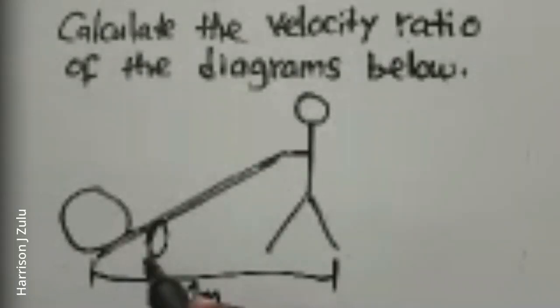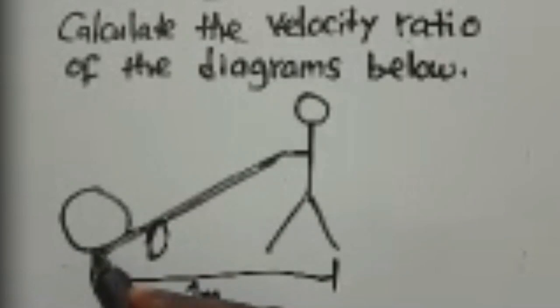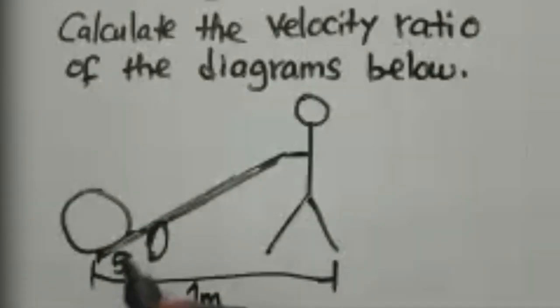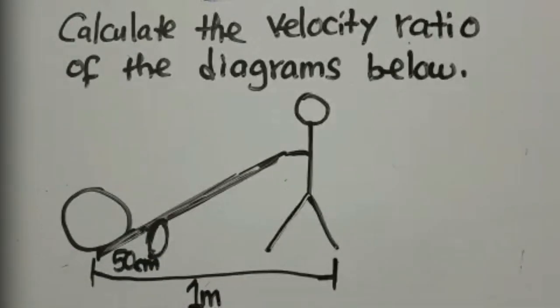But from where this thing is to here, we've got a distance of 50 centimeters. The question is saying we calculate the velocity ratio. How can you calculate it in this question?